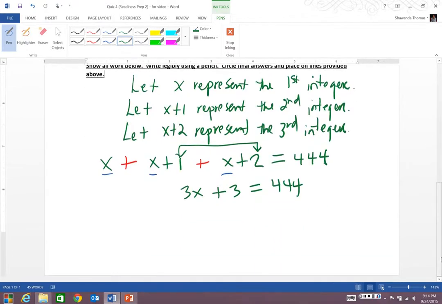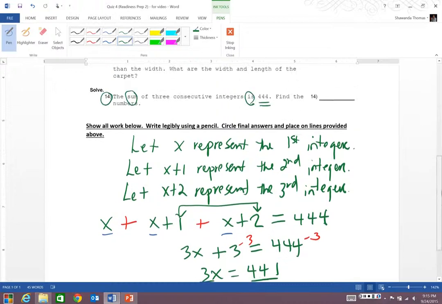Now we solve for x. Subtract 3. We get 3x equals 441. Then we divide by 3 to get x equals 147. So we go back to the question to make sure we have answered it.